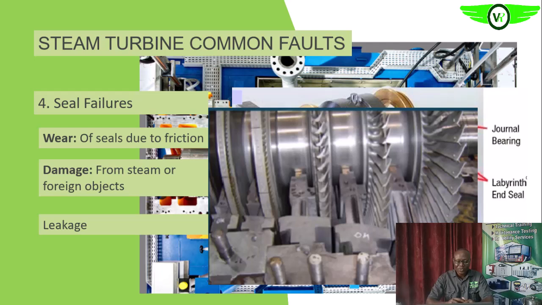Okay, so if there are leakages, the steam has other areas through which it is escaping. That would definitely reduce the efficiency. Assuming there is excessive wear around this area now and the steam is escaping through here, you see that we have less steam impinging on the rotor blade.